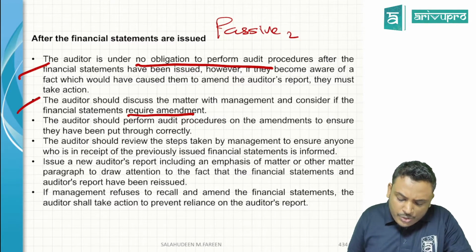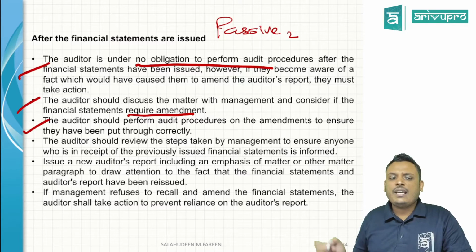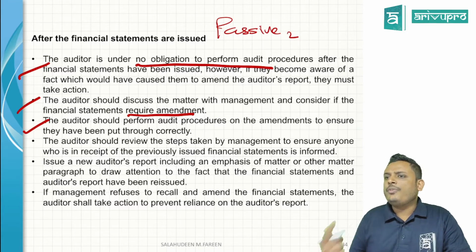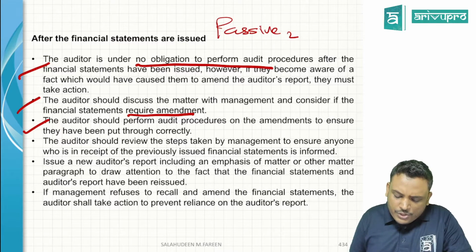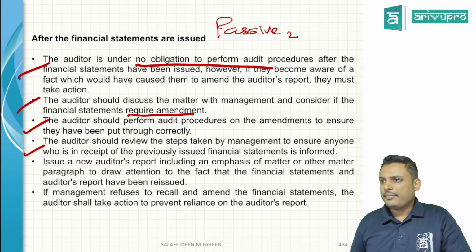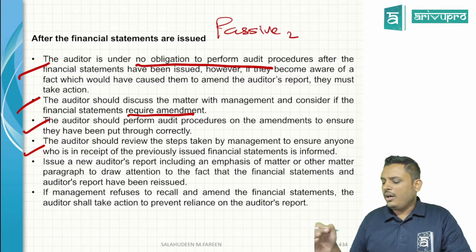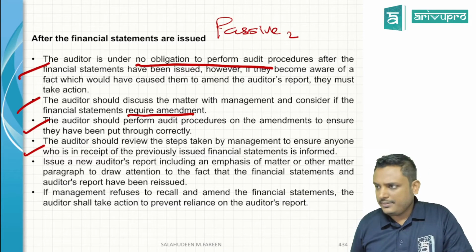The auditor should perform audit procedures on the amendments to ensure they have been made thoroughly. If management has amended, then you should perform procedures to see whether it is right or wrong. The auditor should review the steps taken by management to ensure anyone who received the previously issued financial statements is informed. Right. So simply you can recall the financial statements and issue a new audit report if everything is fine.